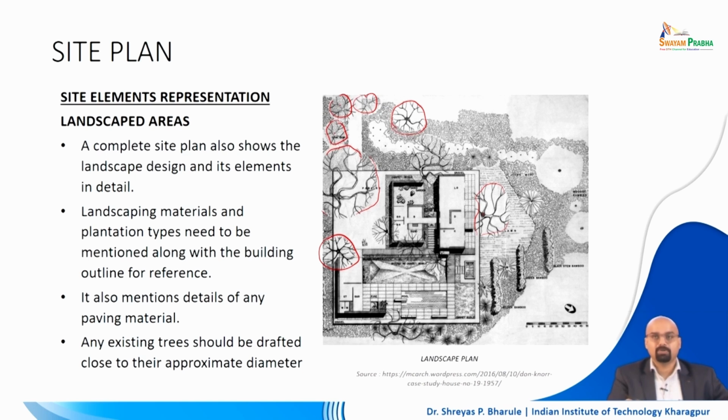That is a very important drawing which is to be added along with the site plan group or site plan dossier, right. The landscape material plantation also needs to be mentioned along with the building outline, right. So, here the difference, if you see, for example, here it appears to be a patio, right. So, there is a patio kind of a structure which is here, on top of which there is some kind of development, right.